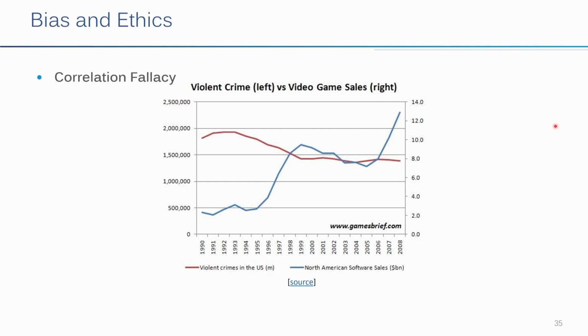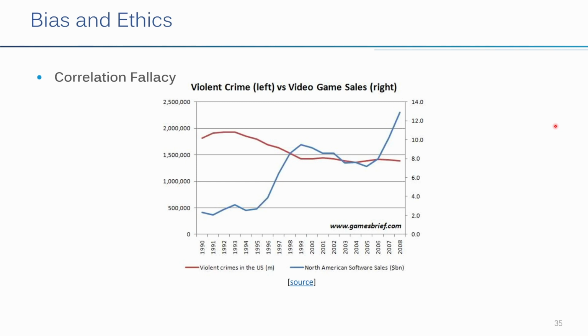So try to take care, especially when you're reporting your results and you have those nice curves and they do overlap somehow and you say, wow, this is really correlated. Make sure that whatever finding you have right now is being carefully analyzed.